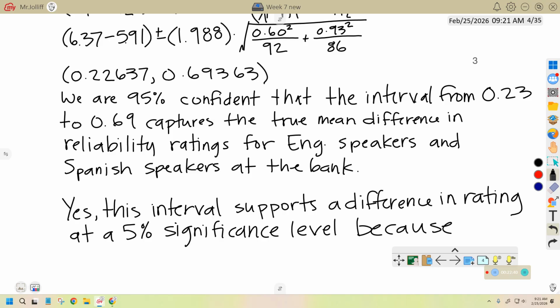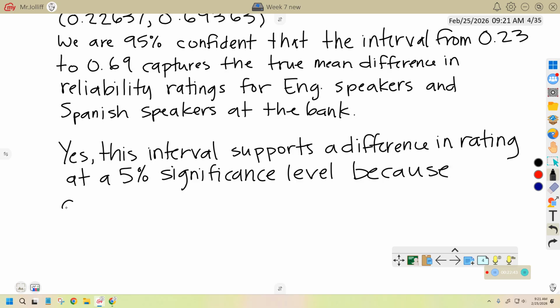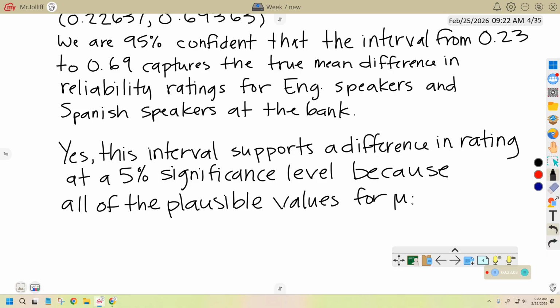You could also phrase it that way, in that we could draw this conclusion because zero is not contained in the interval.